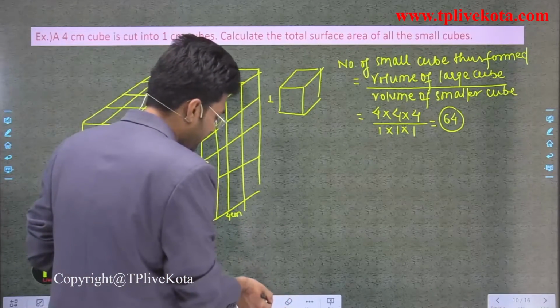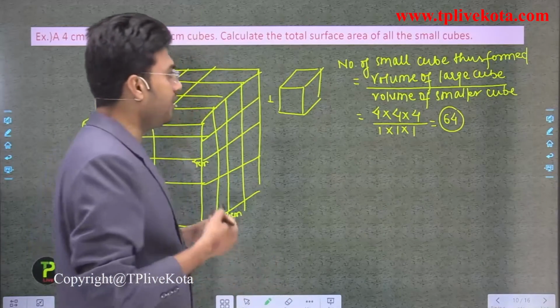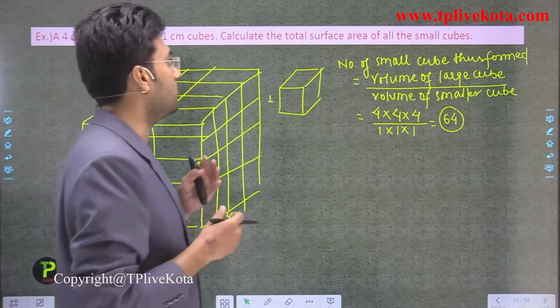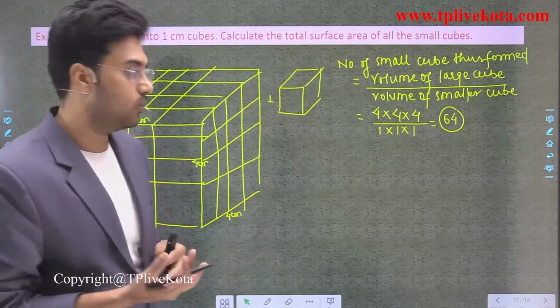Now here, what do we have to find? We have to find the total surface area of all the small cubes.